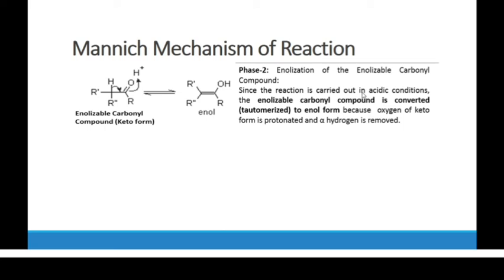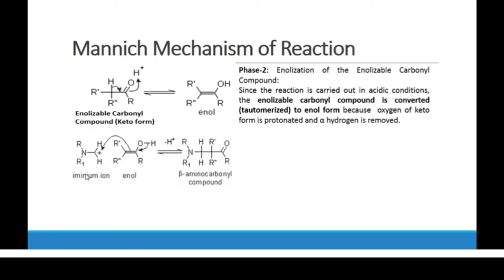The reaction is carried out in acidic condition, the enolizable carbonyl compound is converted to enol form because the oxygen of the keto form is protonated and alpha hydrogen is removed. So this oxygen is protonated and this hydrogen is removed. We have enol form. And now with the iminium ion and enol form, we have beta aminocarbonyl compound. So this is our final product.